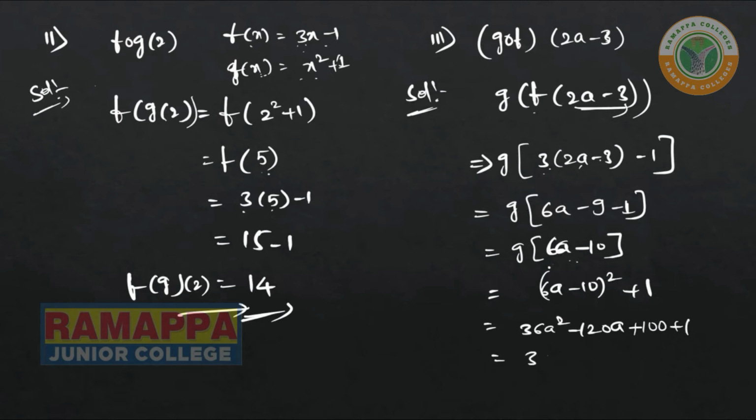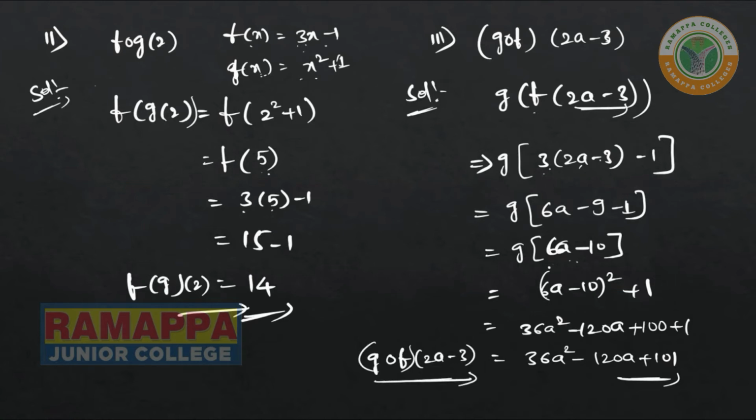So it will become 36a square minus 120a plus 101. So the answer is this one only, the value of g of f of 2a minus 3. Okay, now move to the next question.